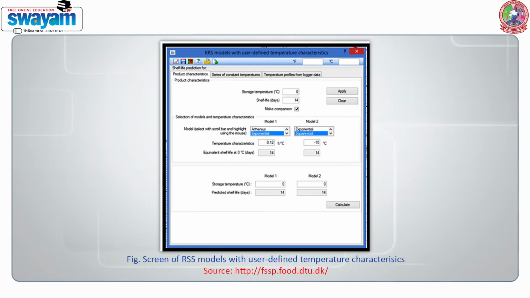On the other hand, we have one more model which is our SS model, which is equally a user-friendly model which can be used for predicting various types of growths, and we can select the temperature of choice. We can also predict the equivalent shelf life at that temperature. This model is very helpful in predicting the shelf life of a food product under fluctuating temperature conditions.